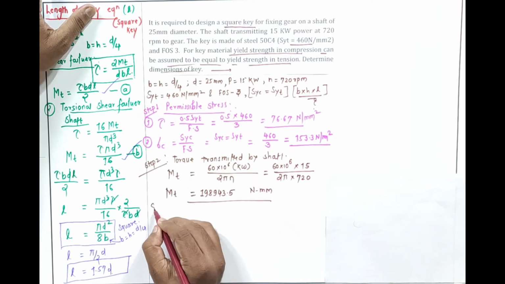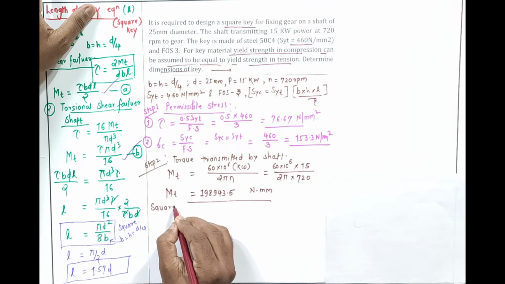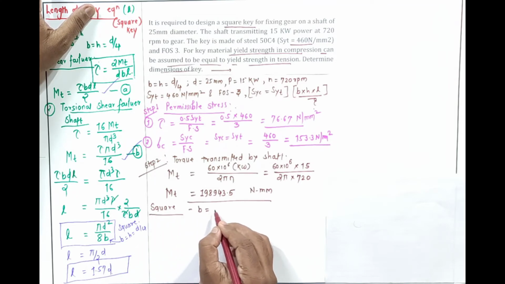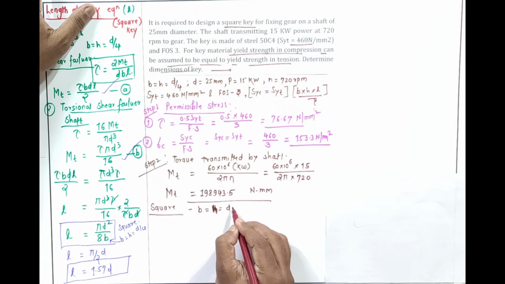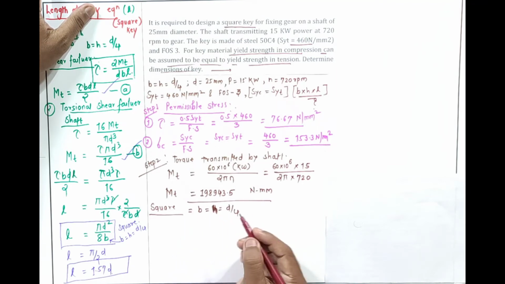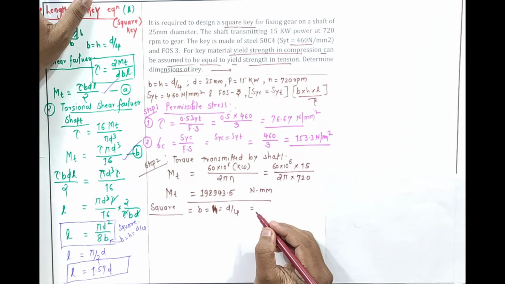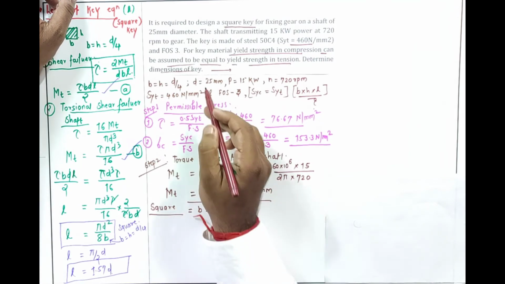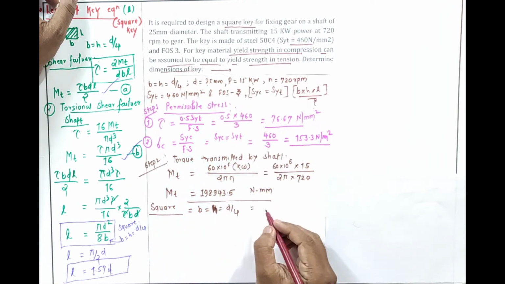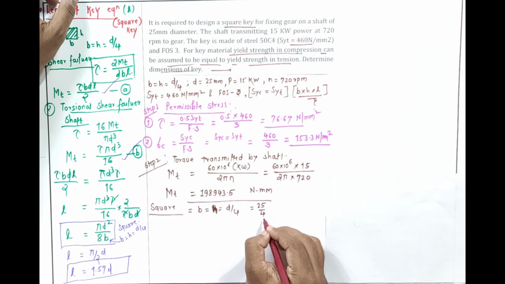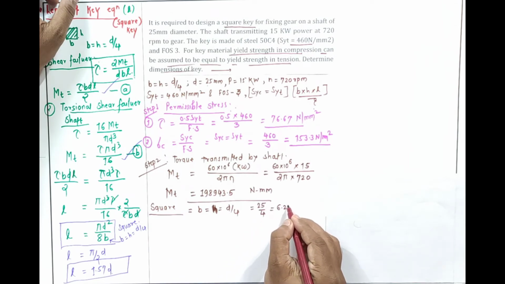As I told you, this is a square key type. Square indicates B is equal to H is equal to D by 4. In this case, D is the diameter of the shaft, they have mentioned 25. So 25 by 4 is around 6.25 mm.